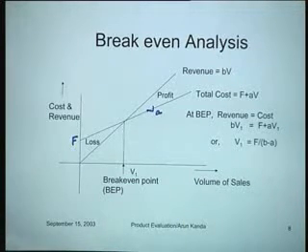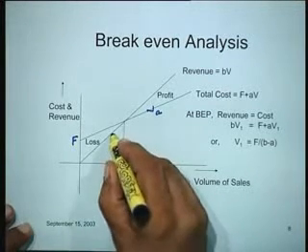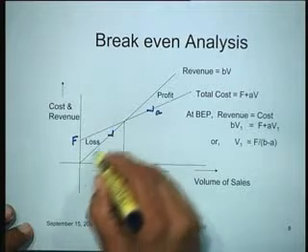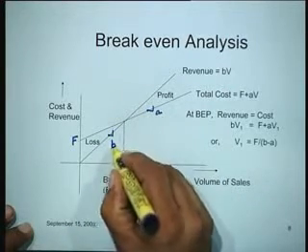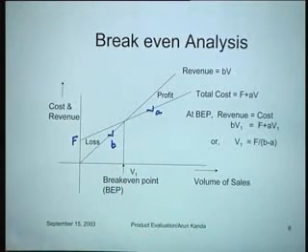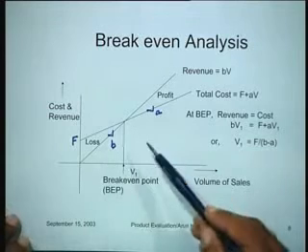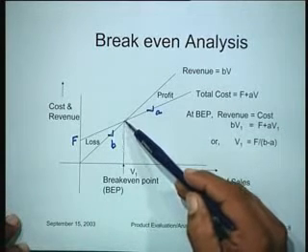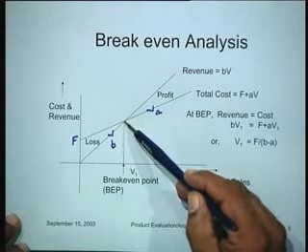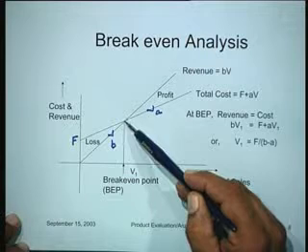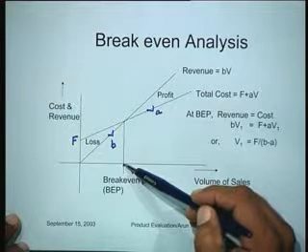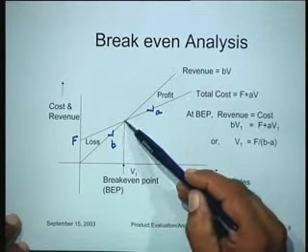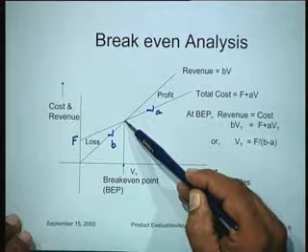So in this particular situation, the slope of this line is B, which is the unit selling price. Now from this diagram you can easily see that at the point of intersection of the total cost and the revenue, the point V1, the total cost is equal to the total revenue, so there is no profit or no loss.